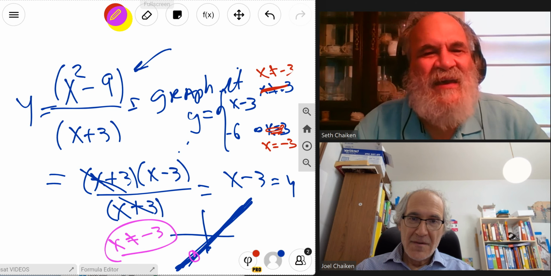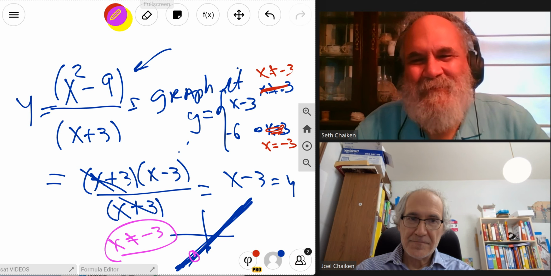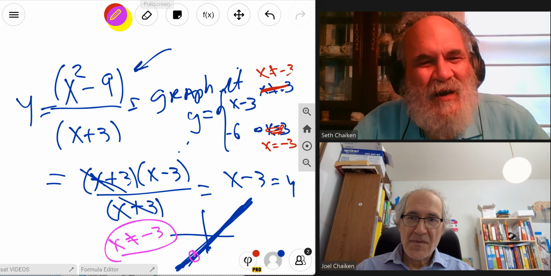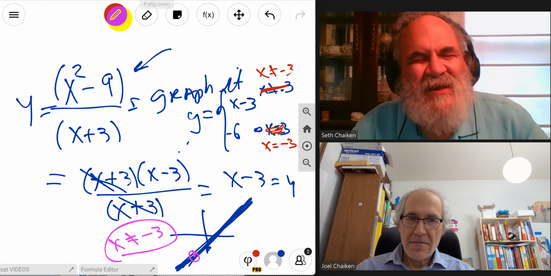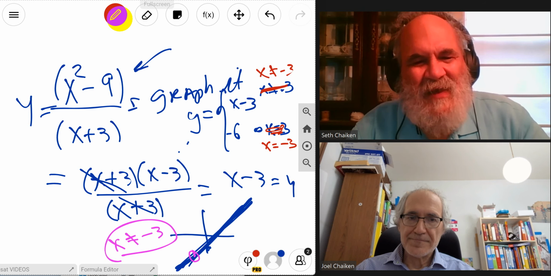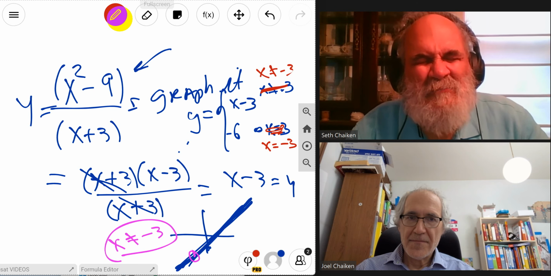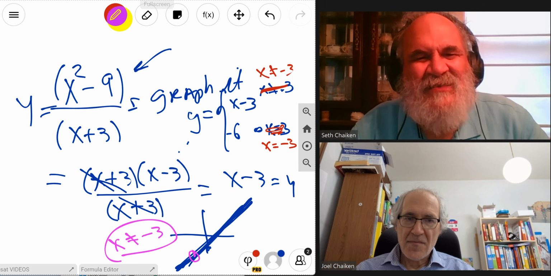Now, if you change the 9 to an 8, what would happen is when x is near negative 3, the value gets very large when you come in from one side, and extremely negative from the other, near x equals minus 3.